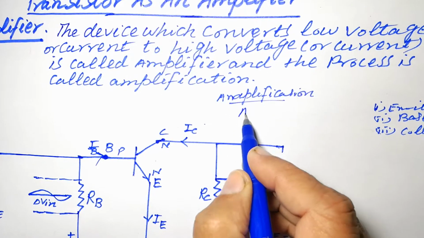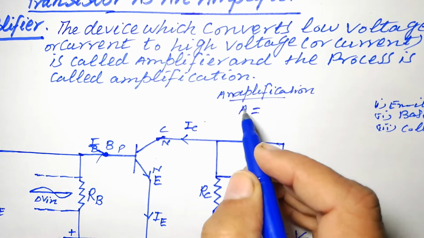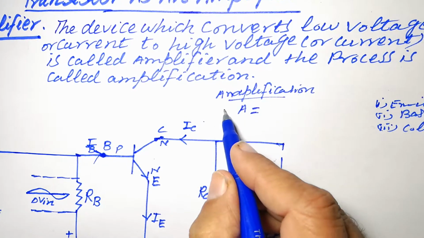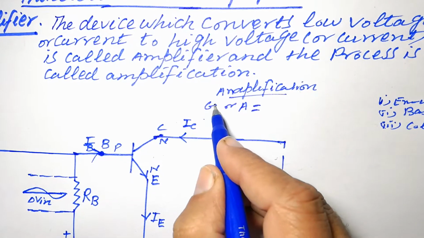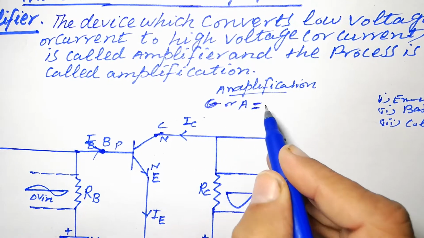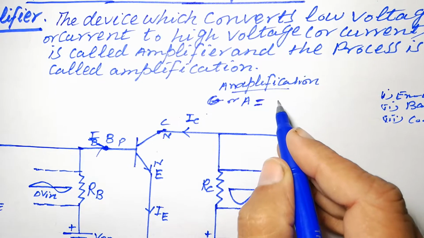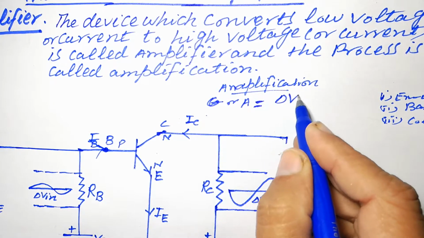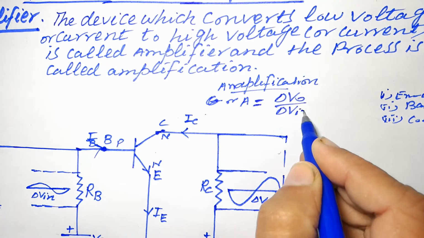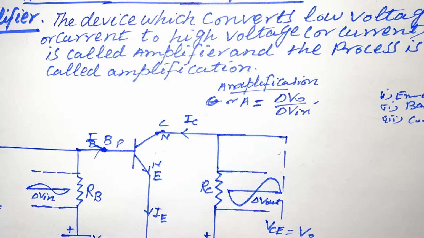Amplification, or gain, is mathematically the ratio of output voltage and input voltage. So that is the amplification.